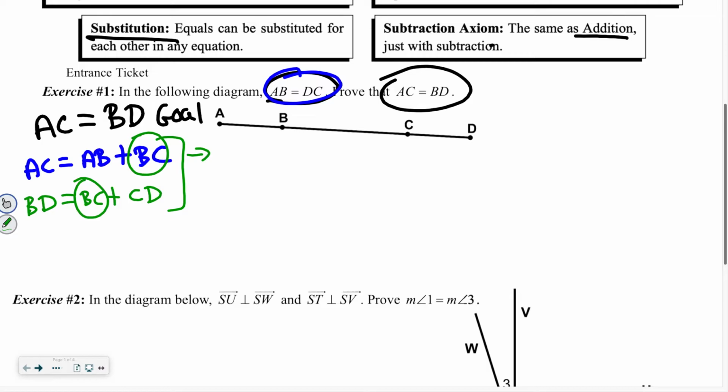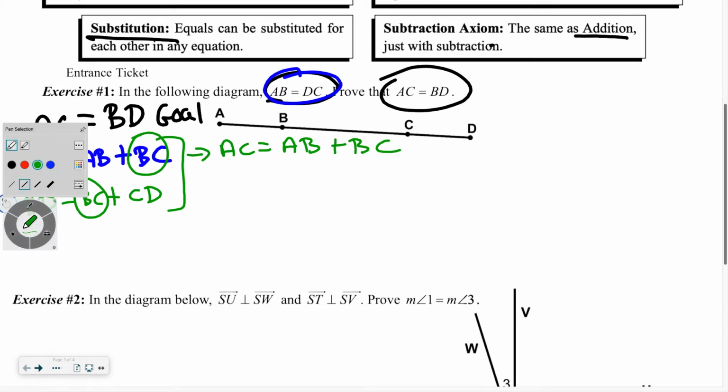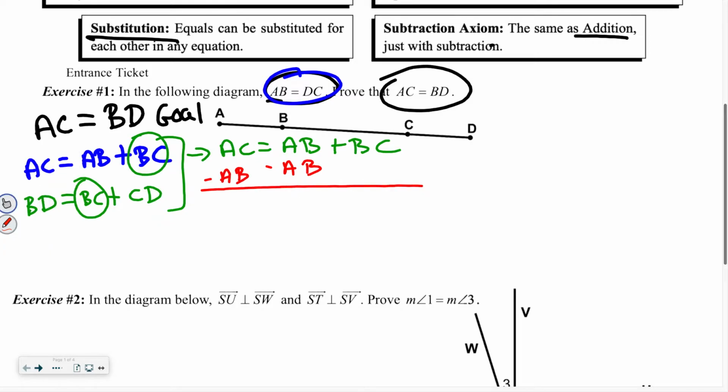So I say here that AC is equal to AB plus BC. The way I solve for BC is simply by subtracting AB on both sides. Minus AB, I end up with AC minus AB is equal to BC.